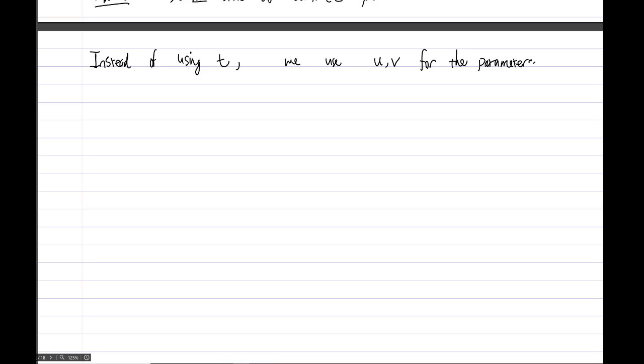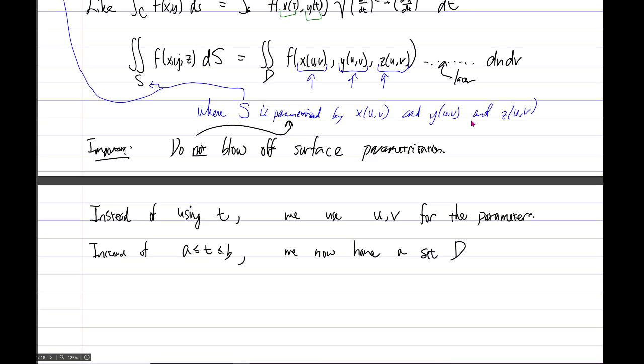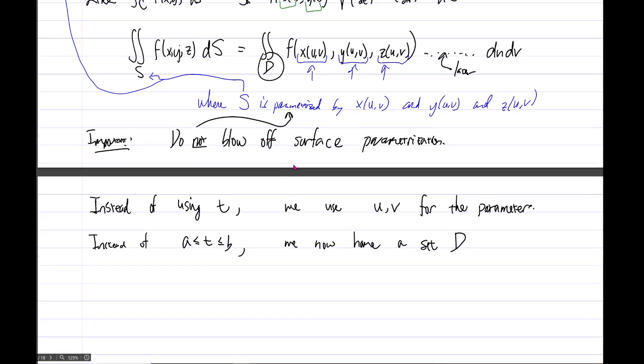And then same sort of deal, instead of having t between a and b, we now have a set D, a set called capital D. That's what this capital D right there is.